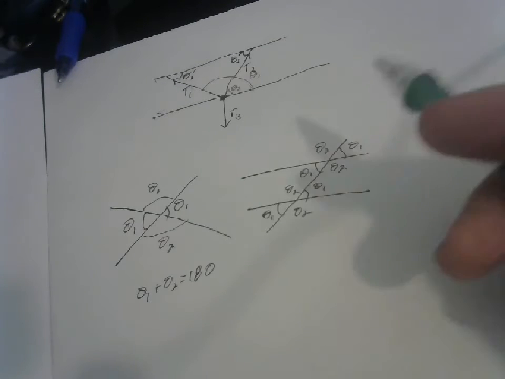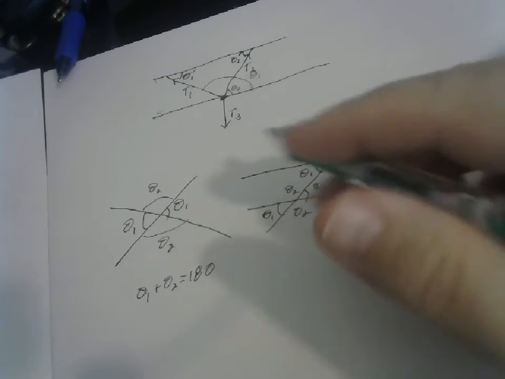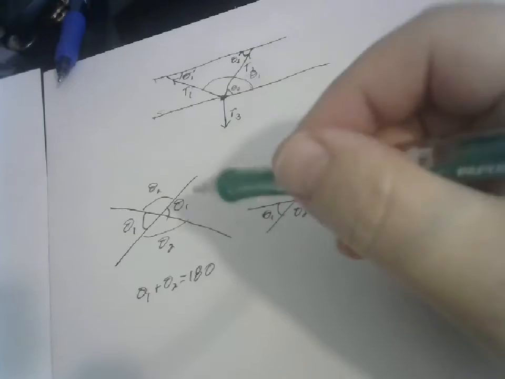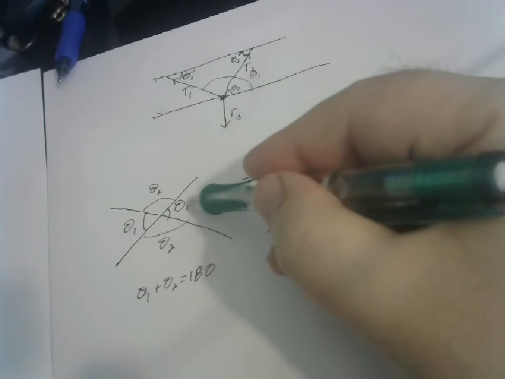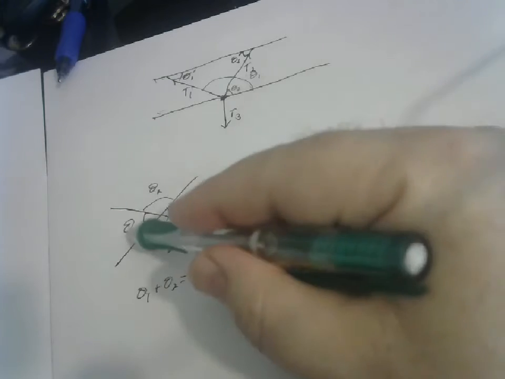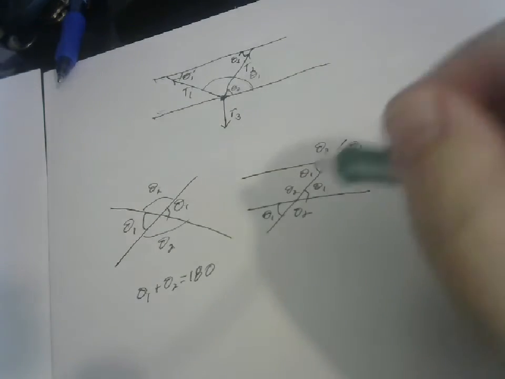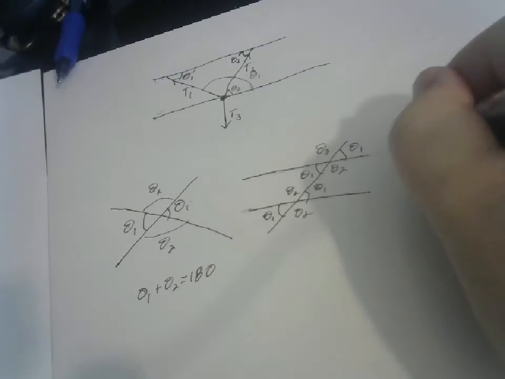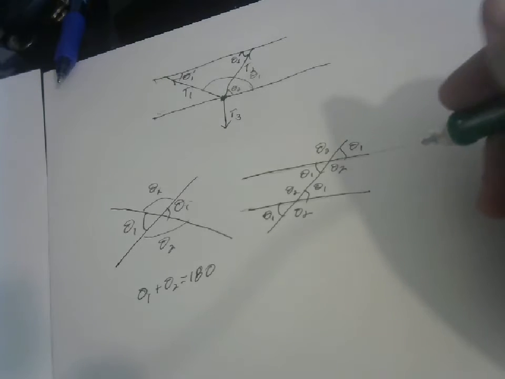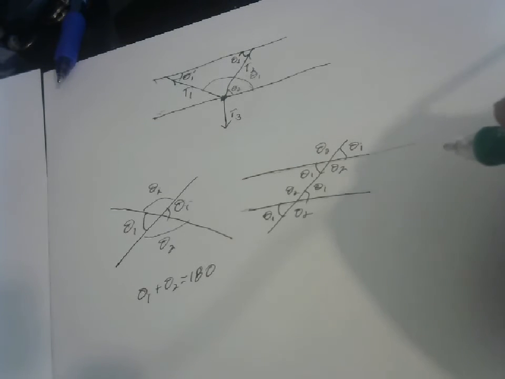A couple of basic reminders about some geometry. If I have two crossing lines, then the opposite angles are the same. So this one's theta 1 and this one's theta 1. This one's theta 2 and this one's theta 2. And also if I have two parallel lines, this one and this one, then this angle, this angle, this angle, and this angle are the same.